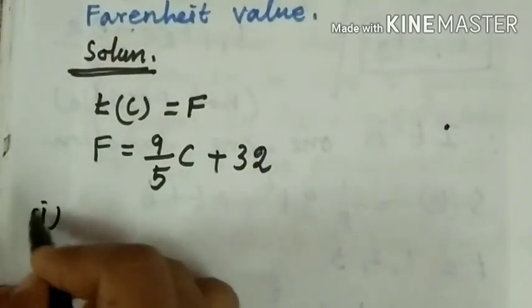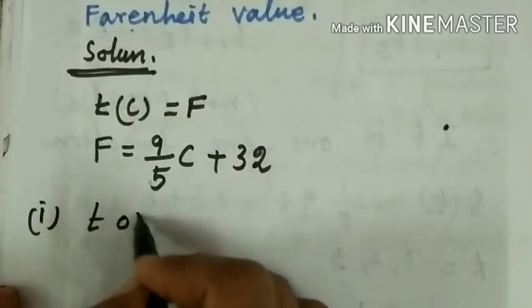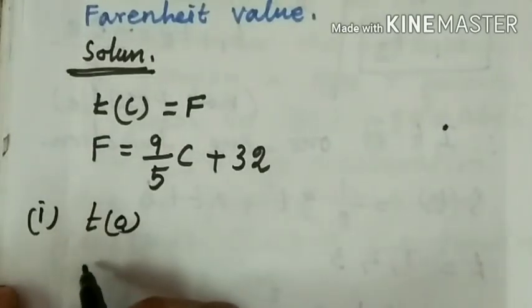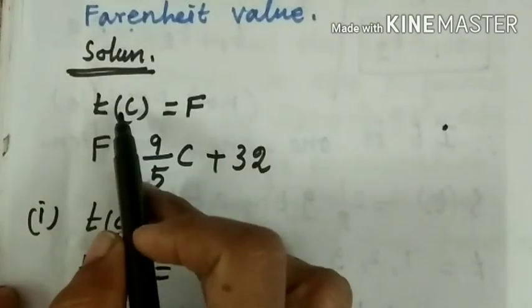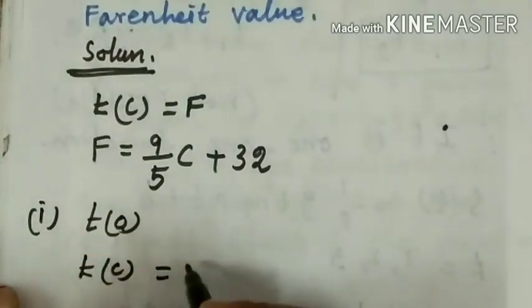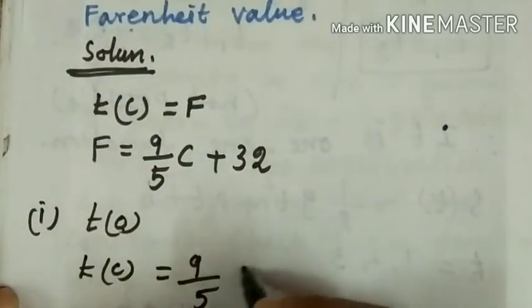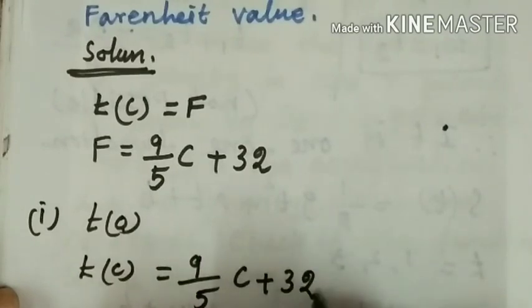First subdivision, find the value of t of 0, that is t of C equal to F. Therefore, 9 by 5 C plus 32.